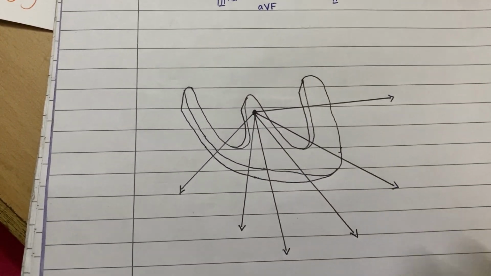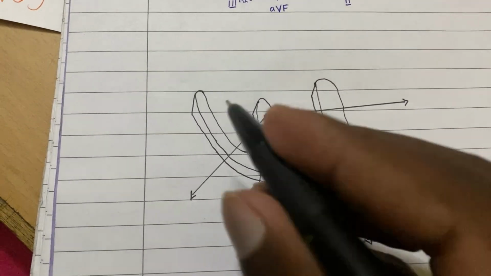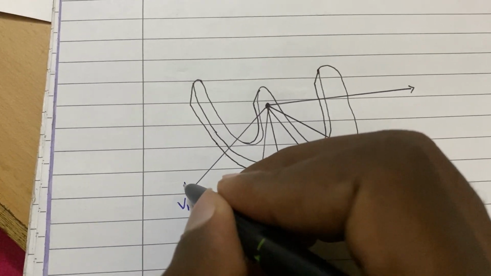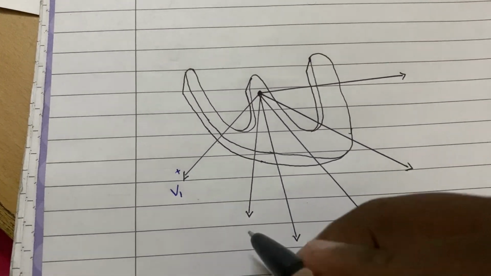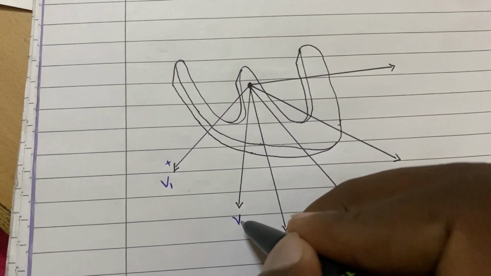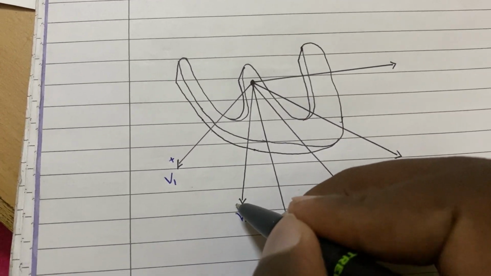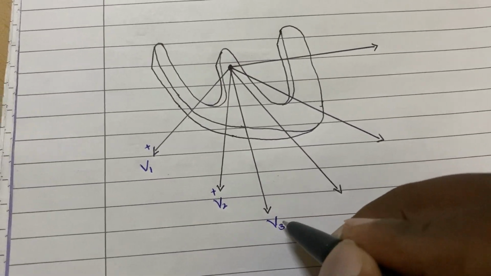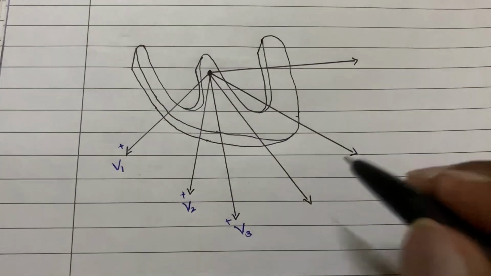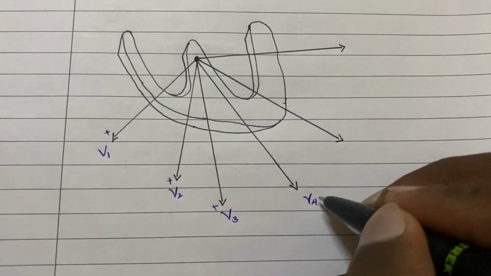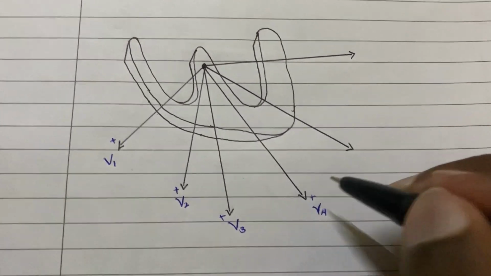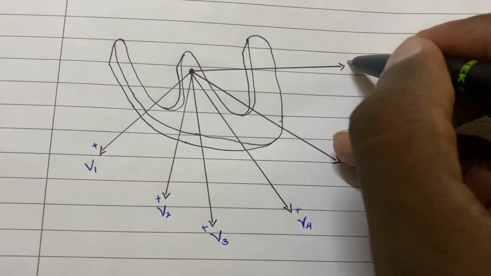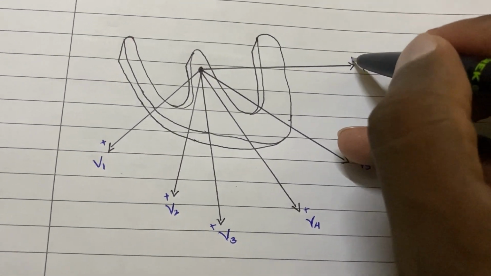They have degrees, but we are not giving them for simplicity. This is V1, and this is the positive electrode. This is V2, this exploring electrode, and then V3, V4, V5, and then V6.